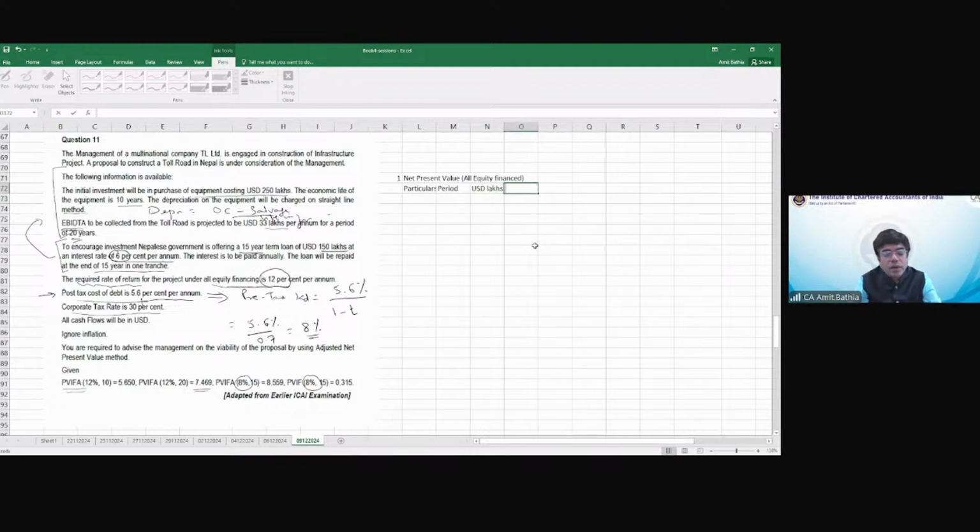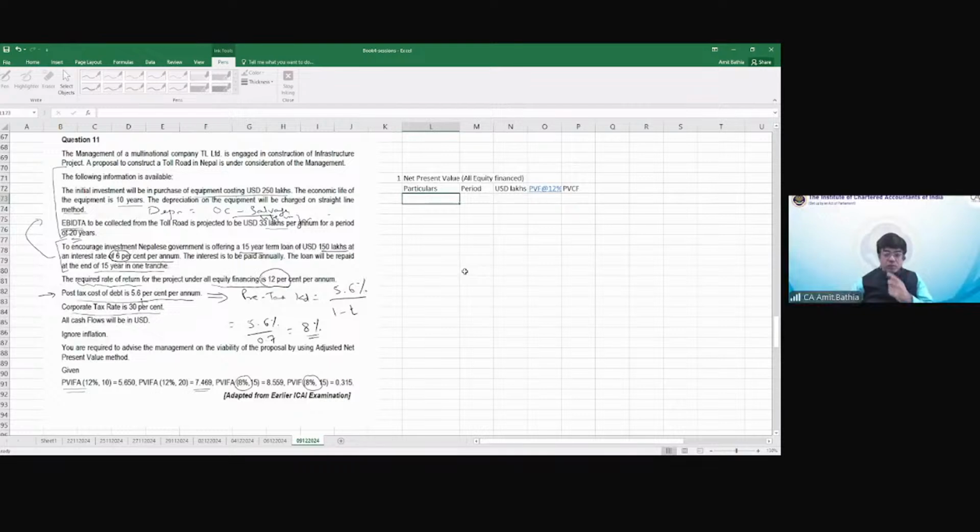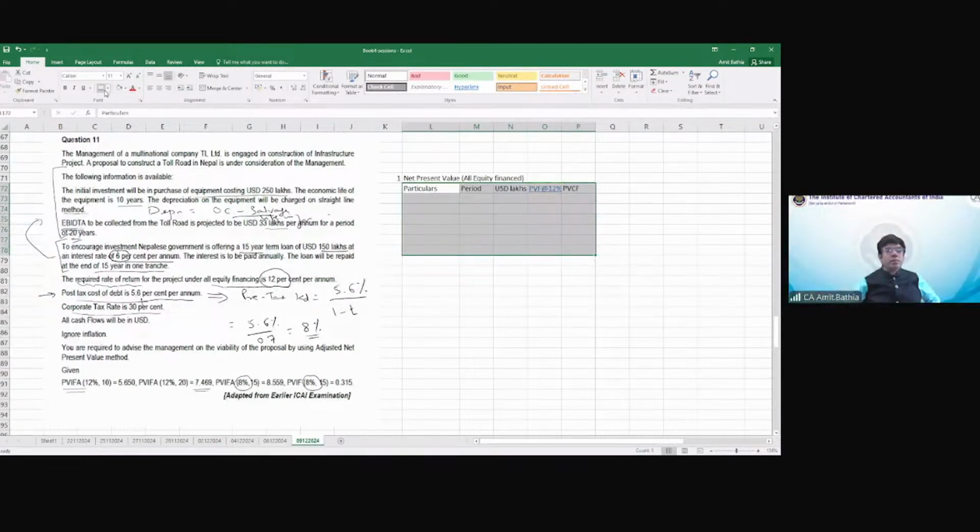And I have the PV factor at the rate of 12%, and that will give me PV cash flow, which is my ultimate objective. So are we ready first of all with this particular table being created?